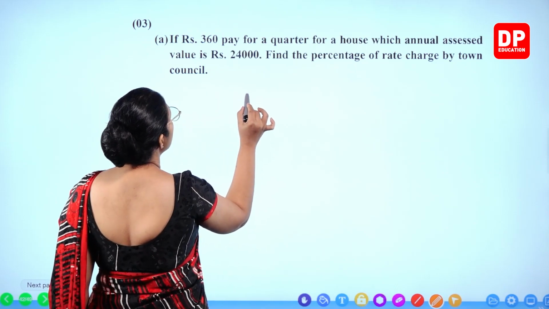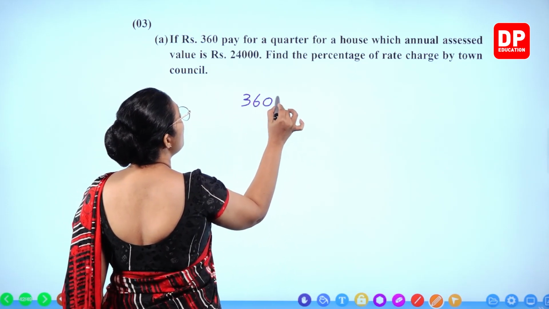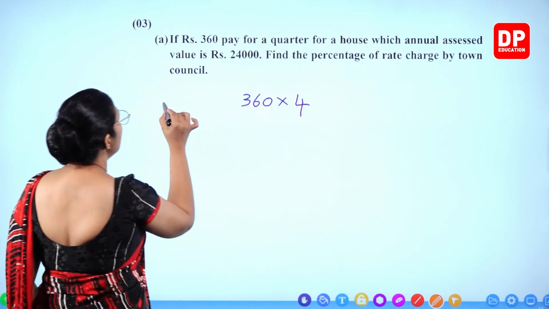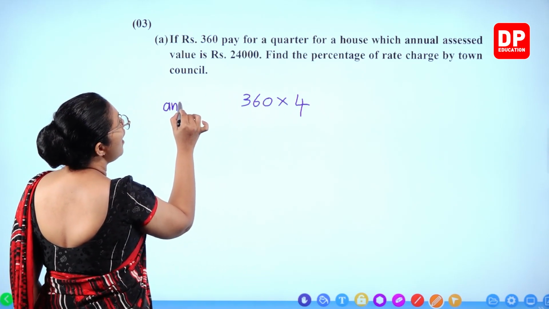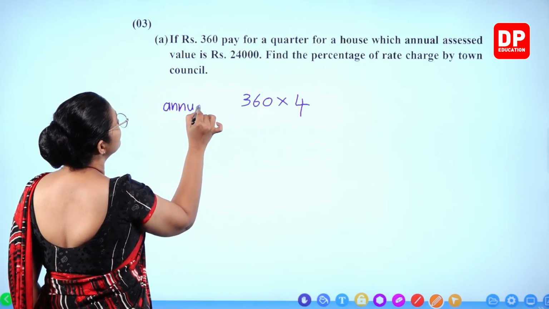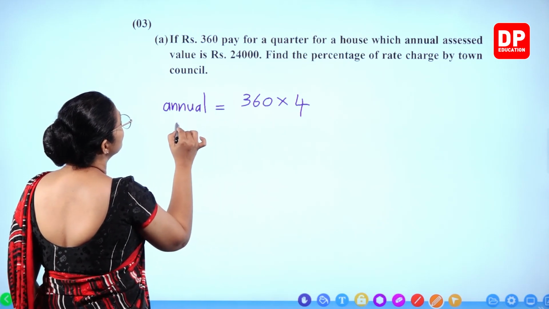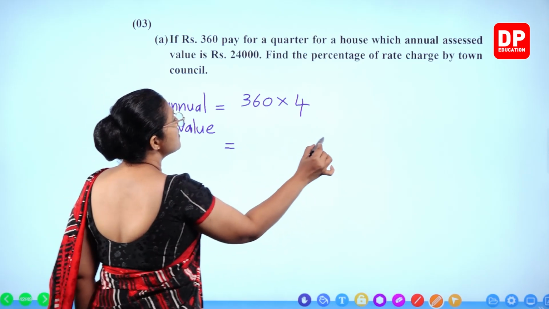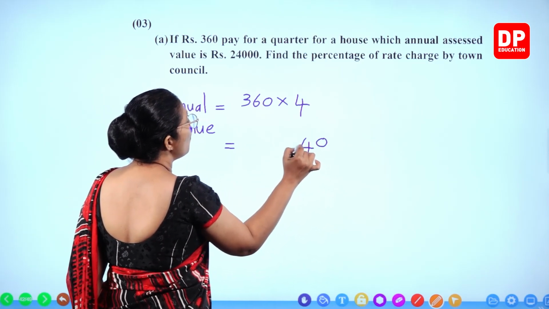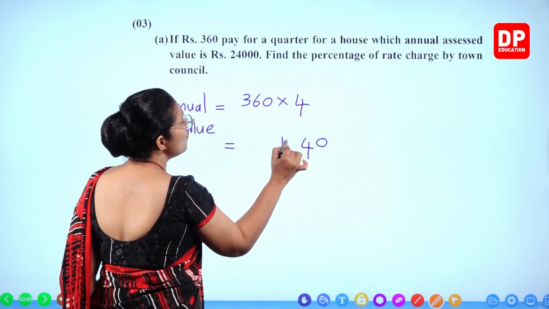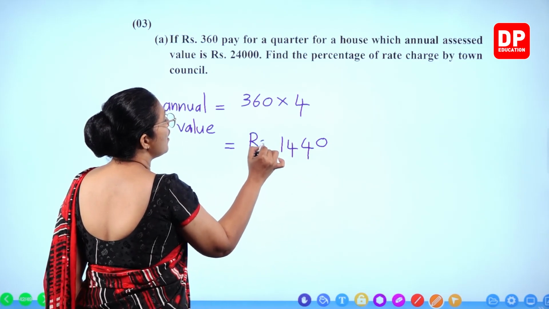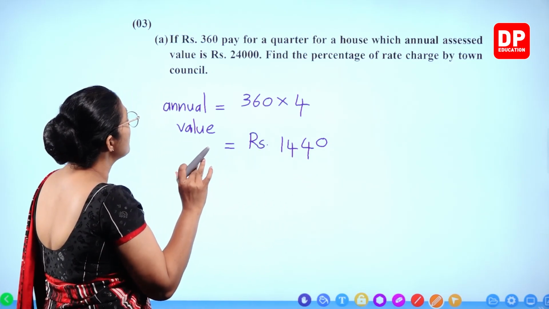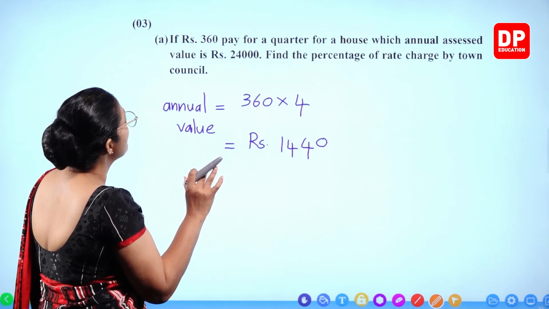So that's 360 multiplied by 4 is the annual value. So what's that? 0, 4 times 6, 24. 4 times 3, 12 plus 2, 14, 1,440.